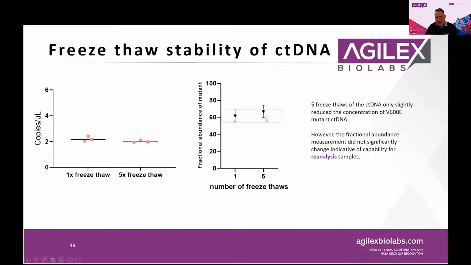You do get a little bit of a difference after 5 freeze-thaws, but you can still reliably detect the differences that you need to using the digital setup. So really, really sensitive over and above a traditional PCR assay.